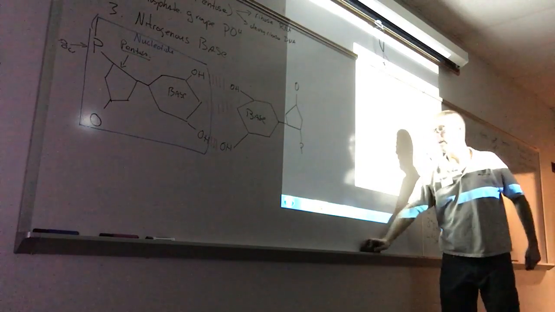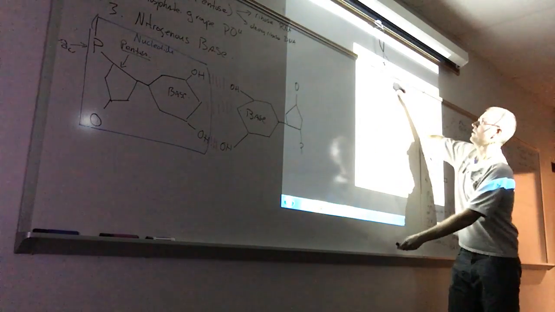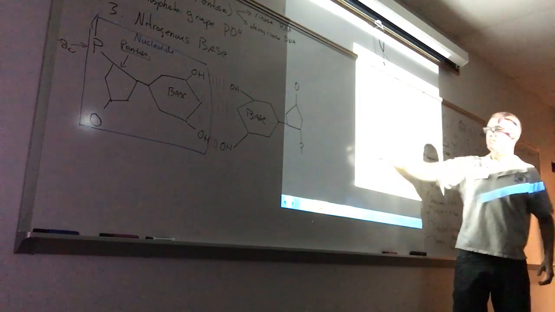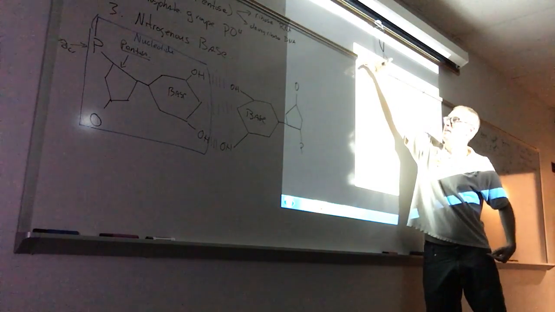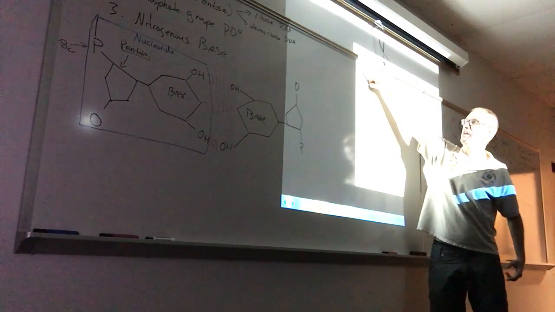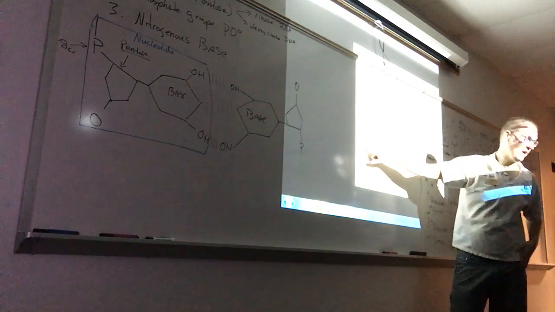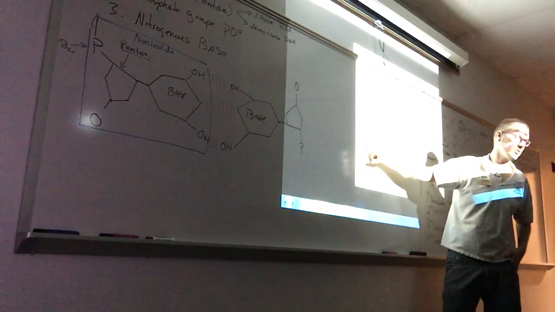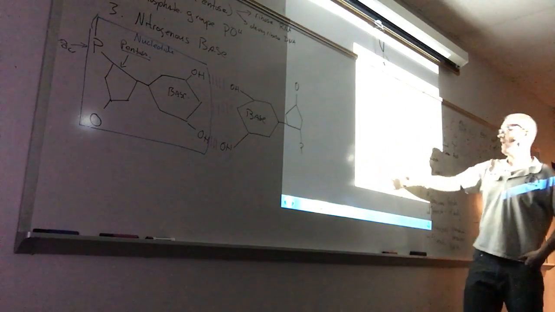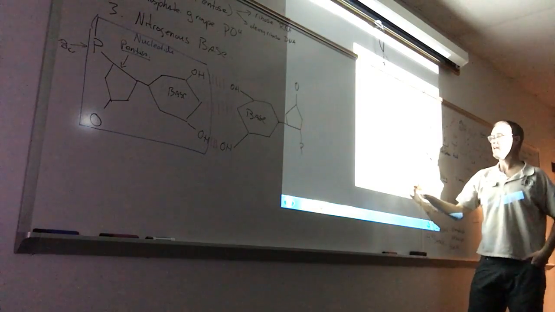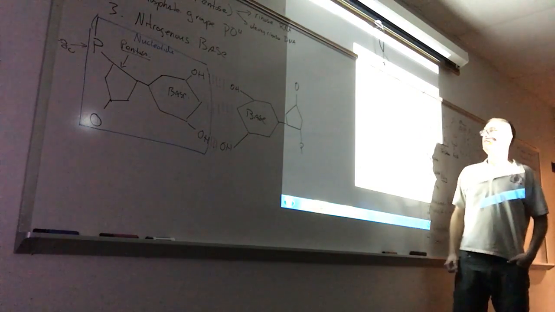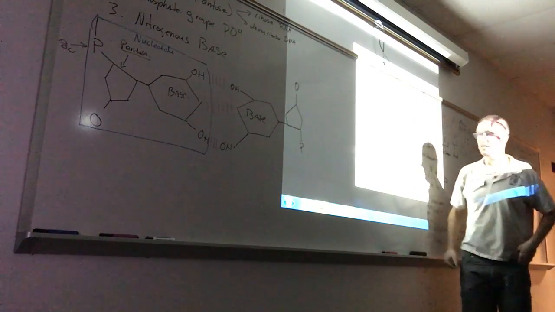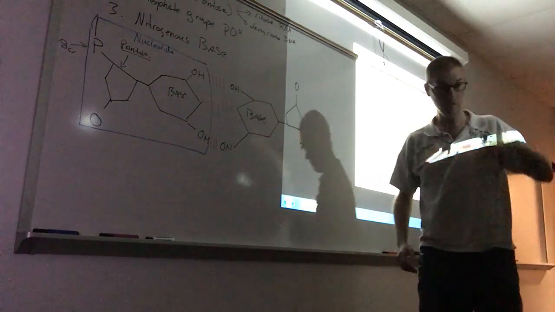So what does that mean? That means this side, going from up to down, runs 5' to 3', based on where they're attaching to the sugar on the carbon. And on this side, it goes from 5 down here up to 3. That's just the carbon that it attaches to.